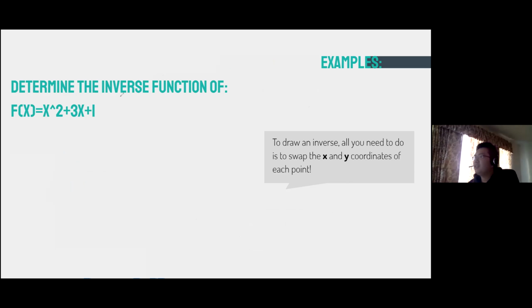So let's look at this one. Determine the inverse function of f(x) equals x squared plus 3x plus 1. I'll give you a few seconds to figure that out and put it in the chat, and we'll take up the answer.